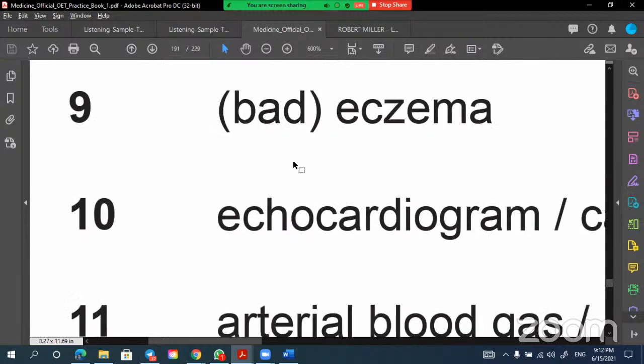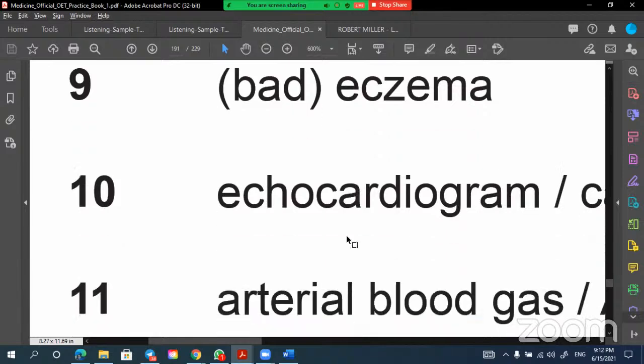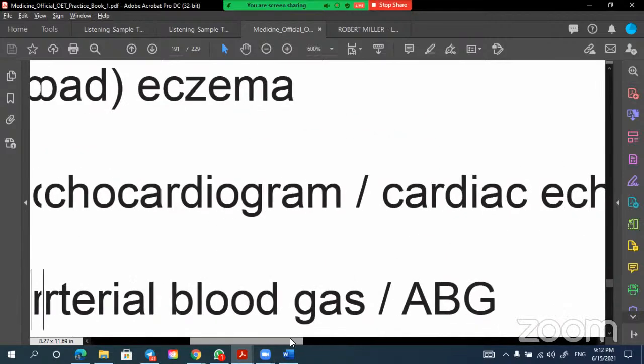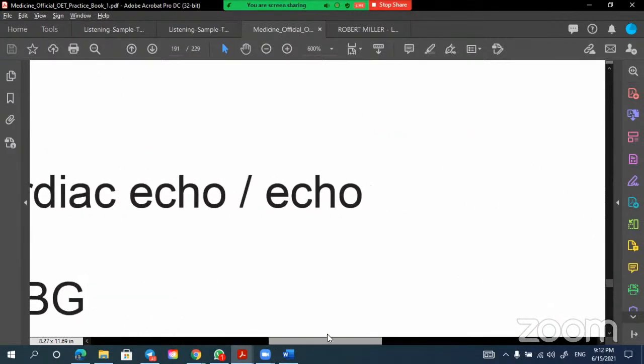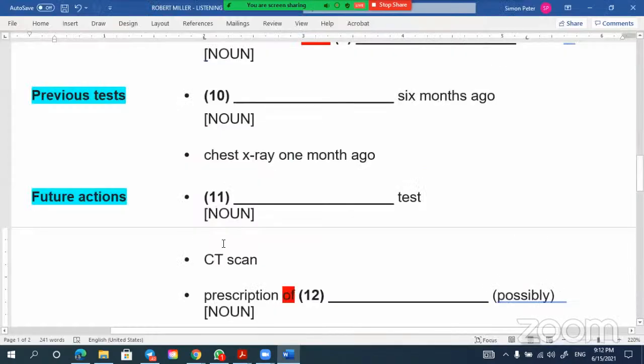Previous test. Yes, it is echo. Echocardiogram, right? Echocardiogram or cardiac echo or echo. So what exactly the question here is asking about is tests. Okay, hypertension is a problem. Tests are being asked.